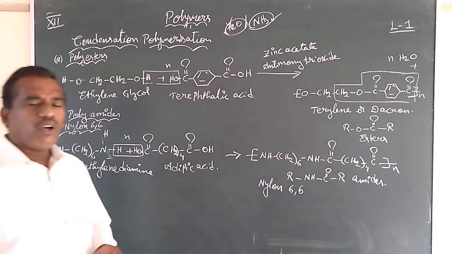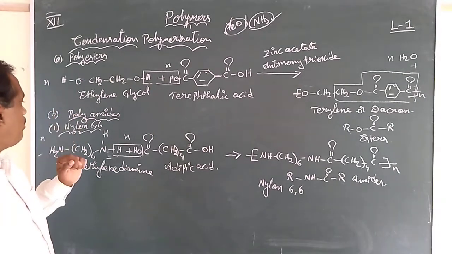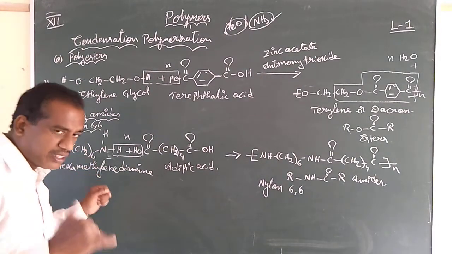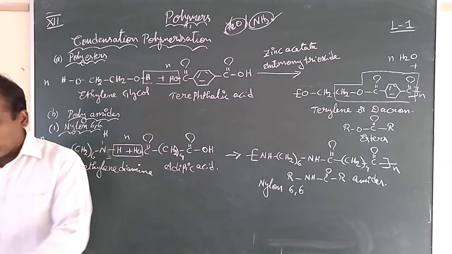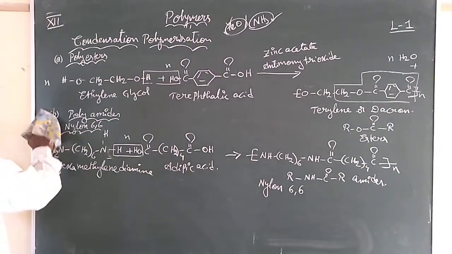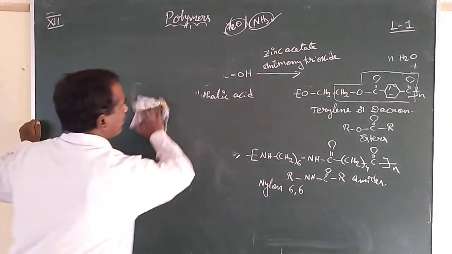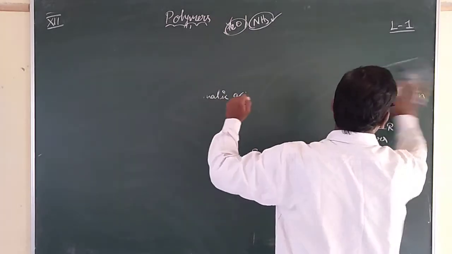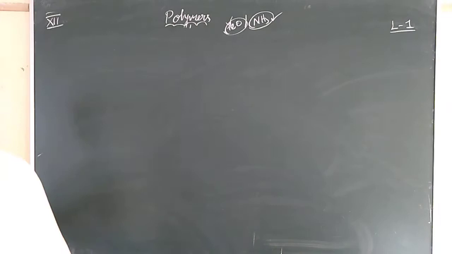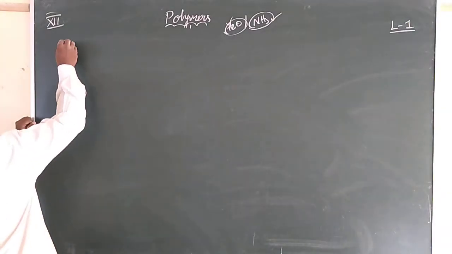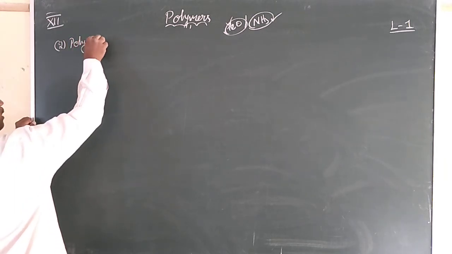So let us see one more example under condensation polymers, still under polyamides only. That is what I am going to call caprolactam. So under condensation polymerization, the second type we have learned is polyamides.